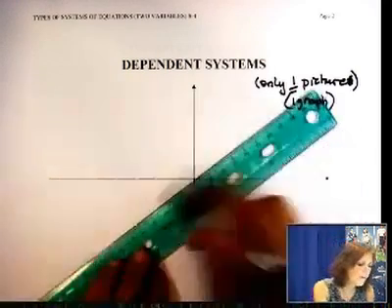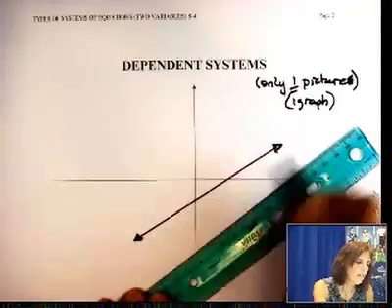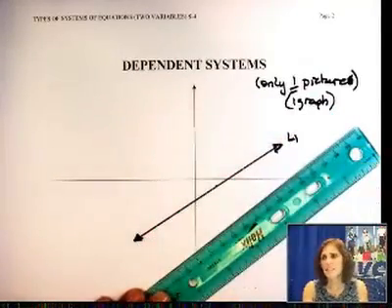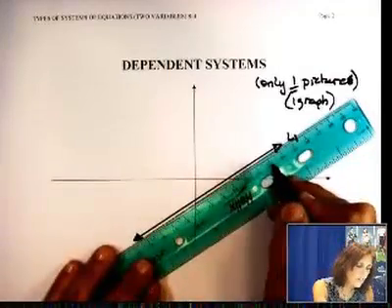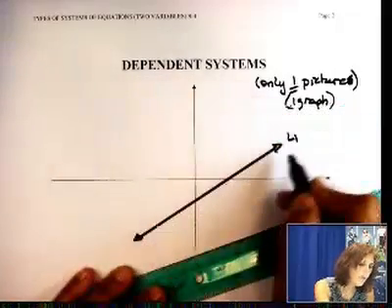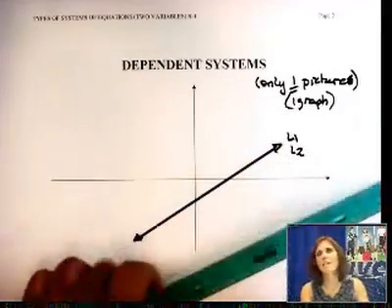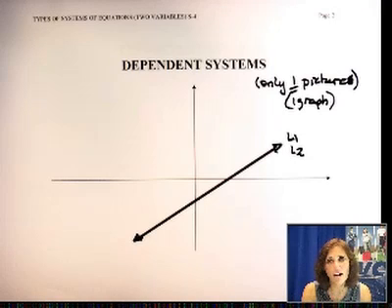So if you have one equation and its picture is like that, L1, the second equation, when you work it out, goes on top of the first. So L1 and L2 are actually the same exact equation, and when you draw them, they are on top of each other. That kind of system is called a dependent system.